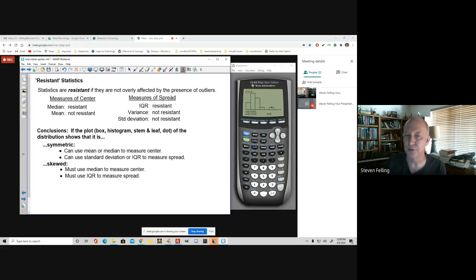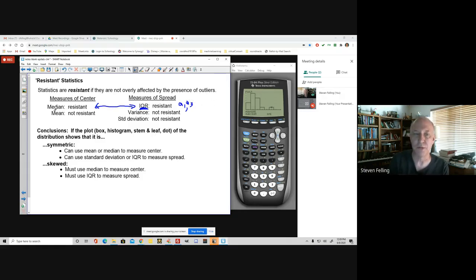And the same thing for spread. You can think of median and IQR as related because they're both related to the quartiles. If we're going to use median for the measure of center, we should use IQR, the interquartile range, for the measure of spread, because Q1 and Q3 are also going to be less moved around by extremes at the outside edges, right?